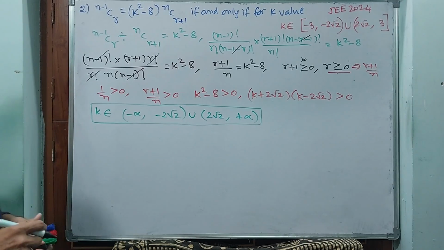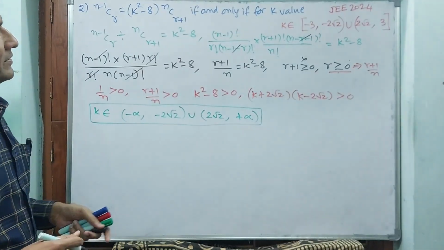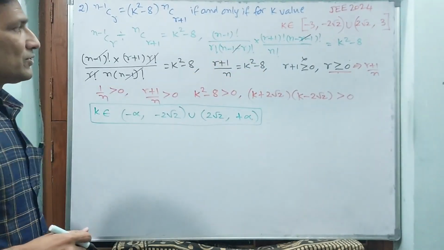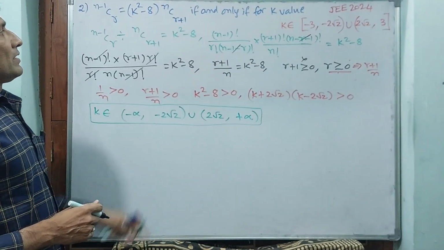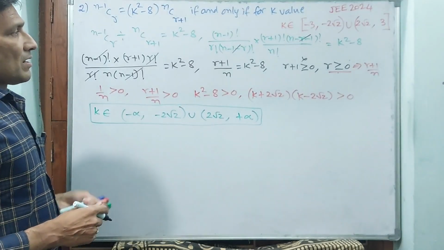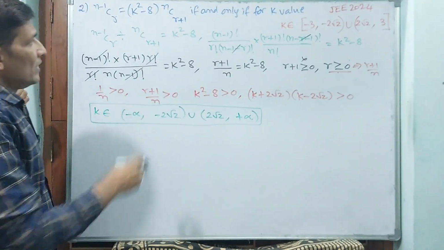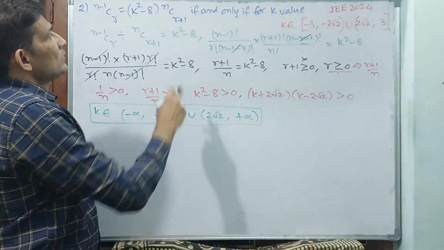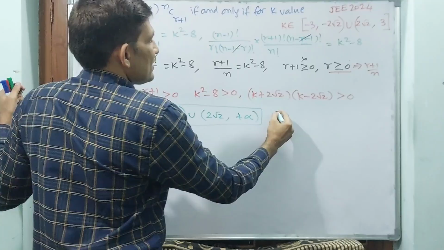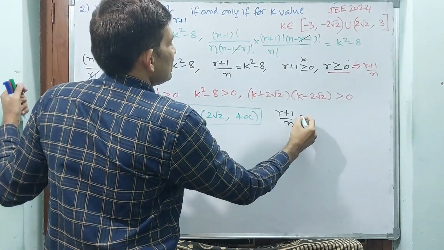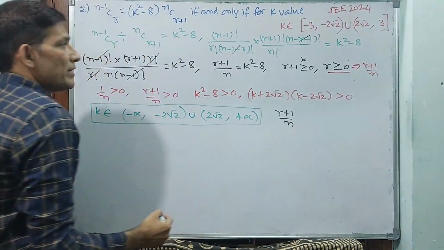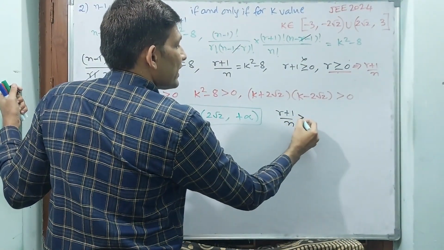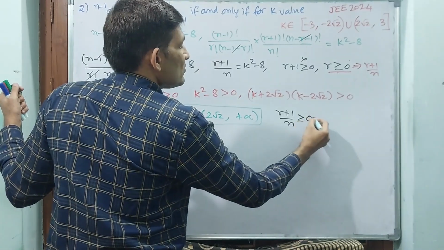Now you see, earlier we have taken r is greater than or equal to 0. Okay. Now r plus 1 is also greater than or equal to 0. And r plus 1 by n is also greater than or equal to 0.